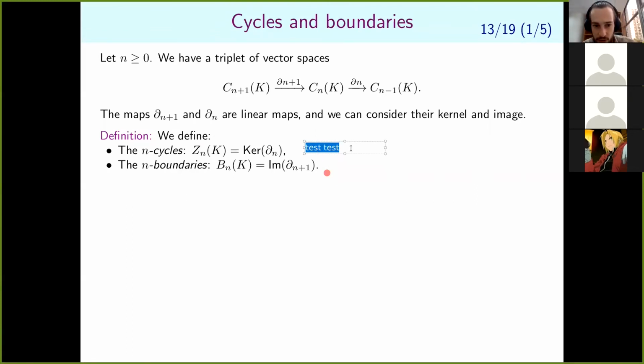So the kernel is the set of chains C in C_n of K such that the boundary of C is equal to 0.